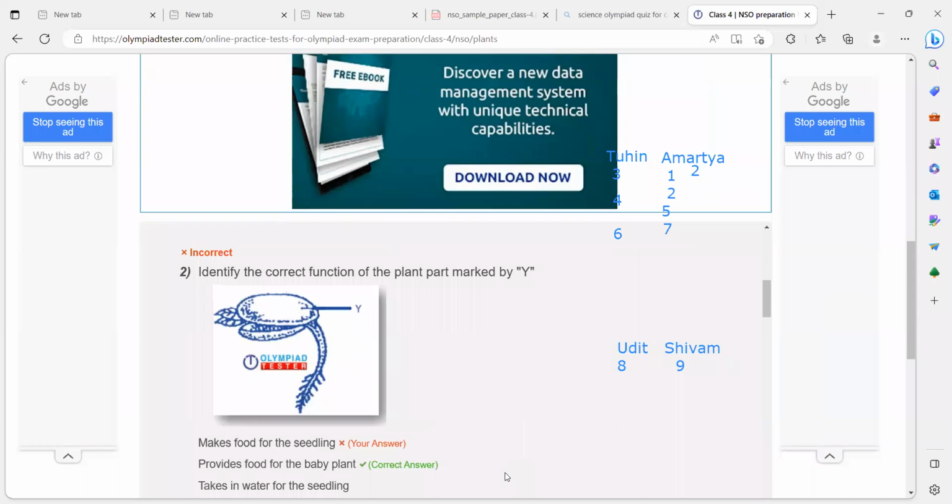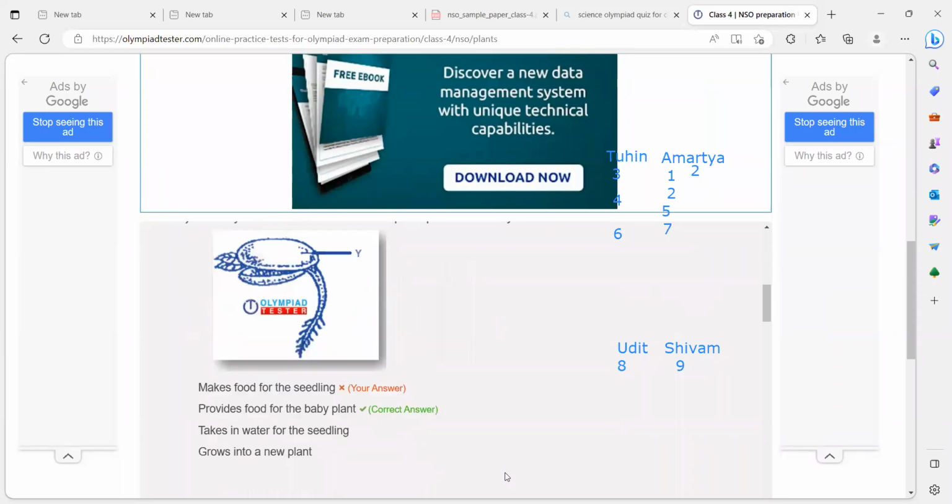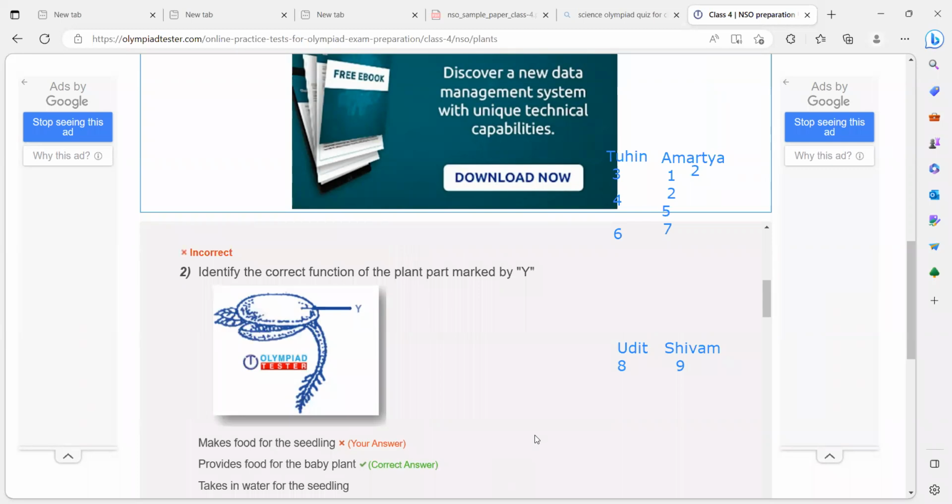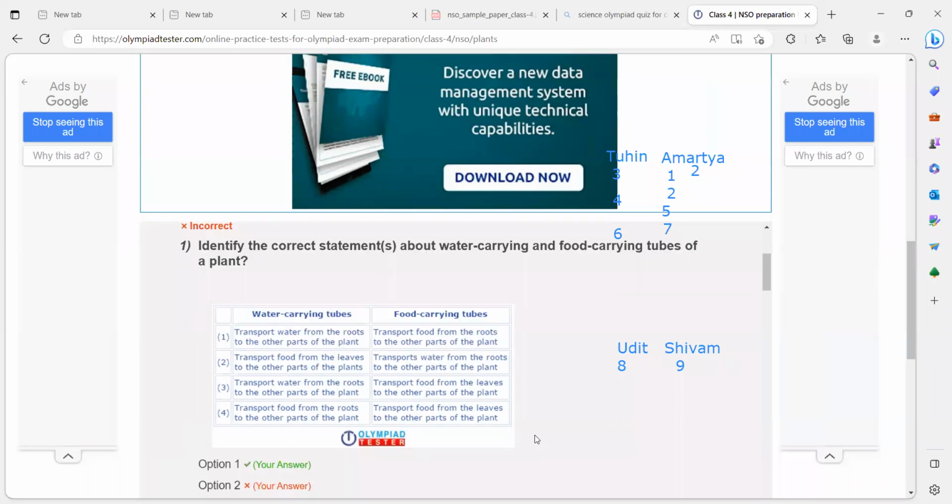Yes, next one, number 2 was also given by Amartya. Okay, number 1, has everybody understood the answer? Yes, ma'am, I understood. Udit, have you understood number 1? Ma'am, I haven't understood the third and fourth one. I have told you option 1, but network problem.